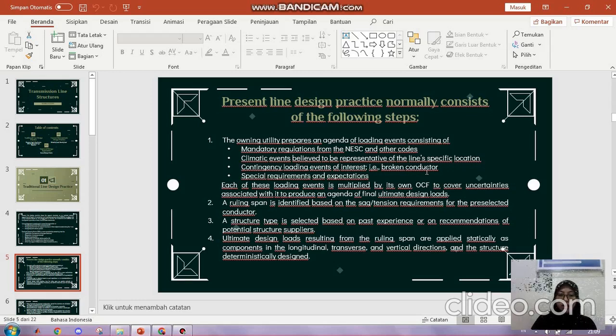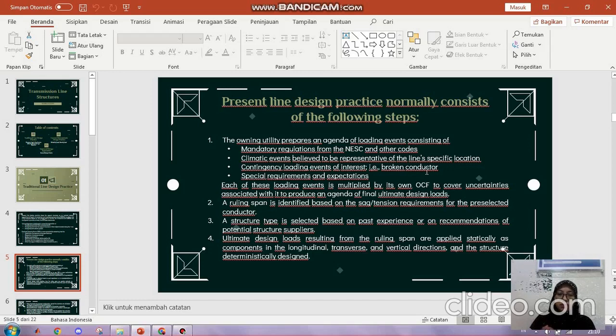Number one, the owning utility prepares an agenda of loading events consisting of, number one, mandatory regulations from the NESC and other codes; number two, climatic events believed to be representative of the line's specific location; and number three, convenience loading events of interest, such as a broken conductor, and special requirements and expectations.